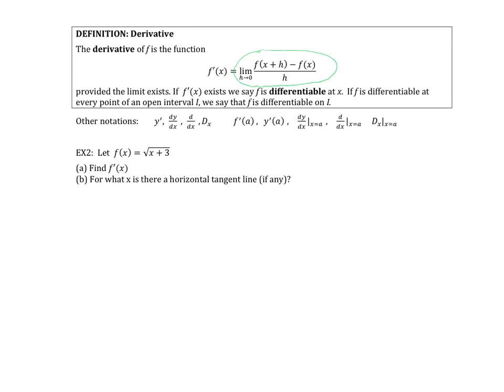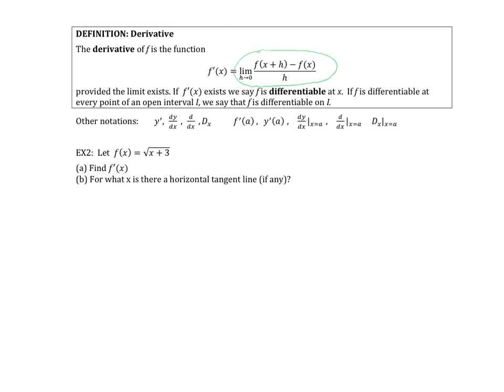So we're not evaluating it at a particular point a. What this actually gives us is a function. It gives us the function of all slopes of all tangent lines. So all we have to do to evaluate the slope of a tangent line, or to find the derivative, is just put in values for x.